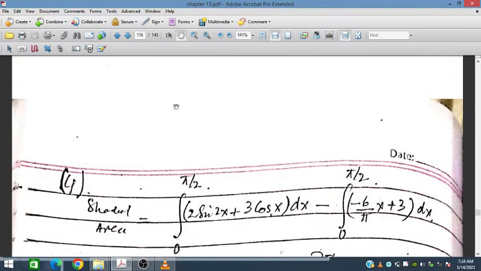So we have this equation of line. For this, the equation of line is minus 6 upon pi x plus 3.